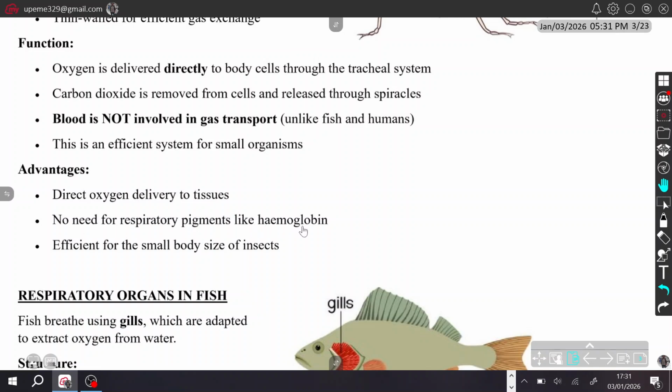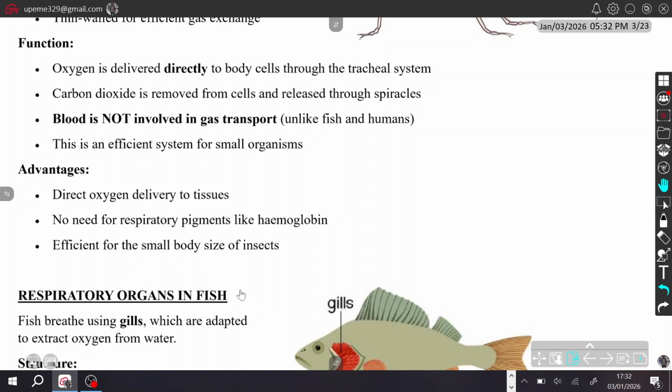In humans, we need cells like red blood cells with hemoglobin, so that the hemoglobin can bind with the oxygen to be transported to body cells. But in this case, there is no need for respiratory pigments like hemoglobin. Then, it is efficient for the small body size of insects.